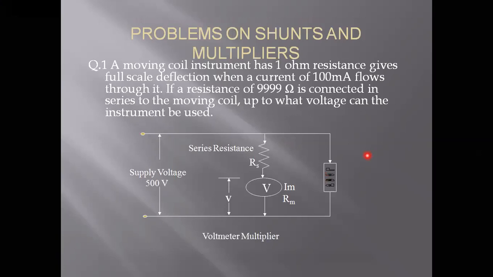Before going into further problems, let us try to understand more about a shunt and a multiplier. As we have seen, shunt inductance cannot be ignored when we use it for AC measurement. And also we have seen that shunt resistance is very, very small. So the construction of the shunt would be like this.